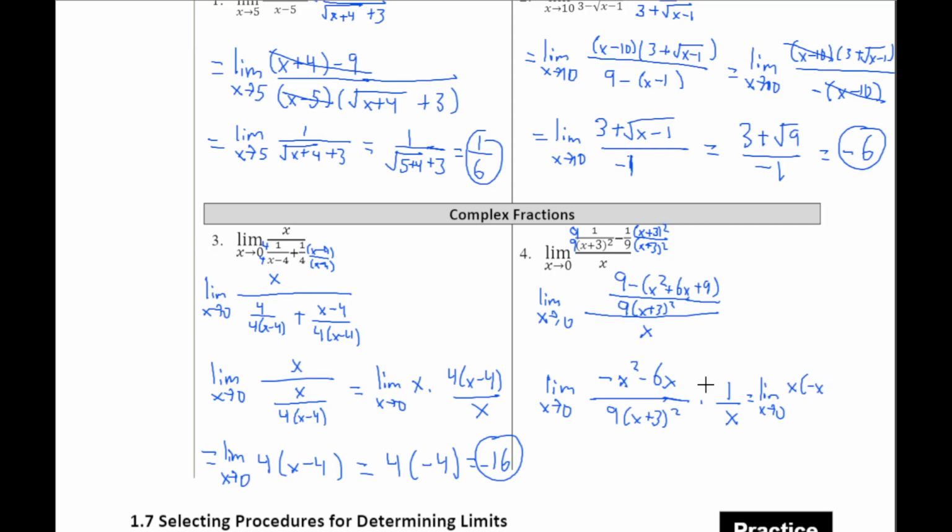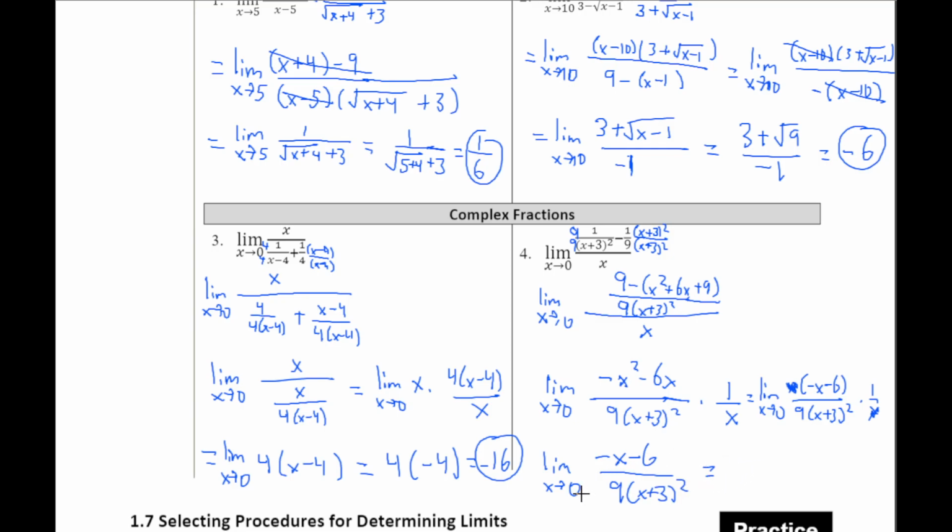Negative, because x times negative x is negative x squared, minus 6, over 9 times x plus 3 squared times 1 over x. You see the x and the x will cancel out, top and bottom. So then now, after crossing these out, you're just left with negative x minus 6 on top and 9 times x plus 3 squared on the bottom.